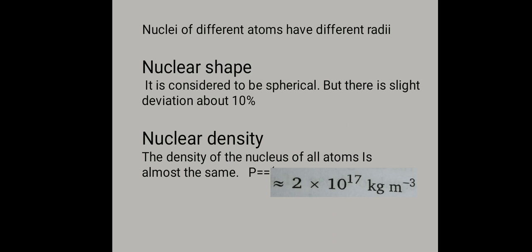The derivation is not important, we need only the value. The density of the nucleus of all atoms is almost the same, because density doesn't depend upon A. It is about rho approximately equal to 2 into 10 raised to 17 kilogram per meter cube. Clear?